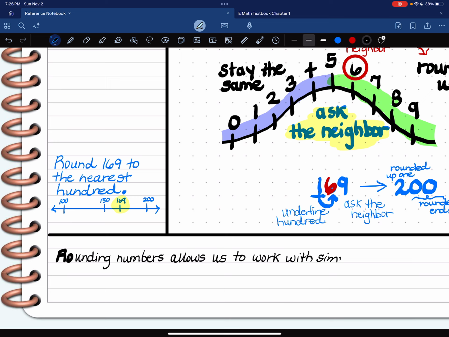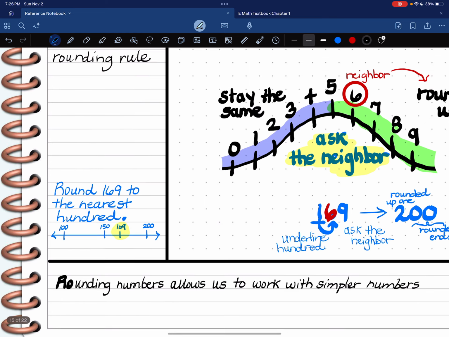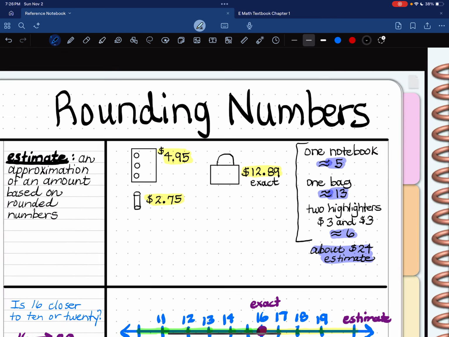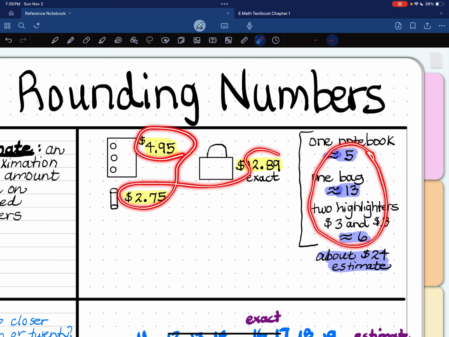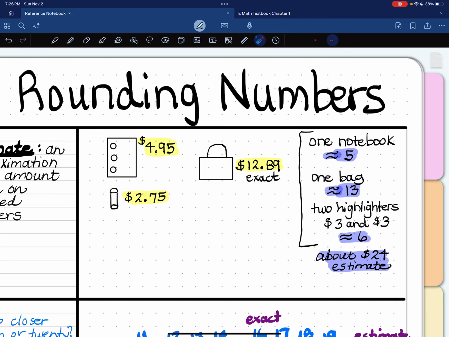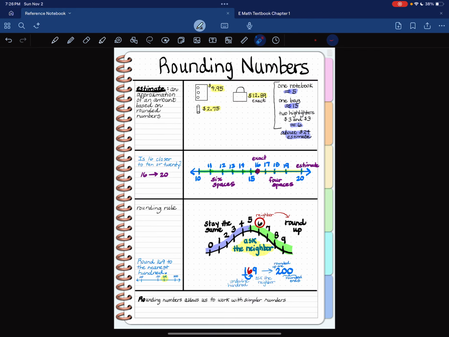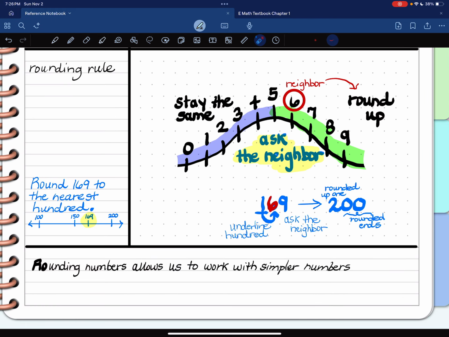And let me just remind you what I mean here. Simpler numbers. Let me just scroll back up here. Remember this? It was a lot easier for me to add those numbers than these numbers. Okay. So it allows us to work with simpler numbers to make estimates.